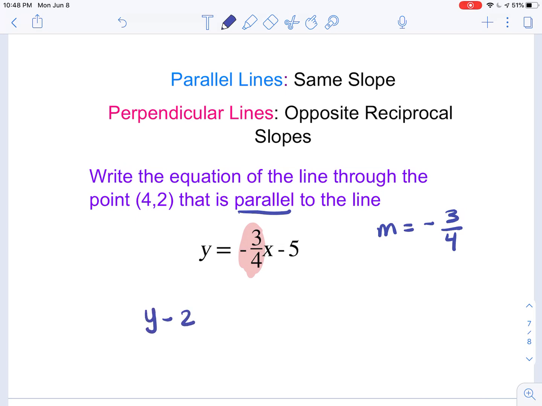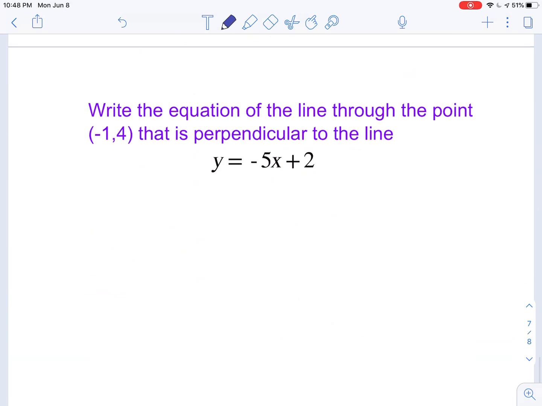And from here, we can plug in the slope and the point into the point slope formula. So y minus 2 is equal to negative 3/4 times (x minus 4). Now, I could put this into slope-intercept form if I want to, but since it does not specify, I am just going to leave it like this, okay?